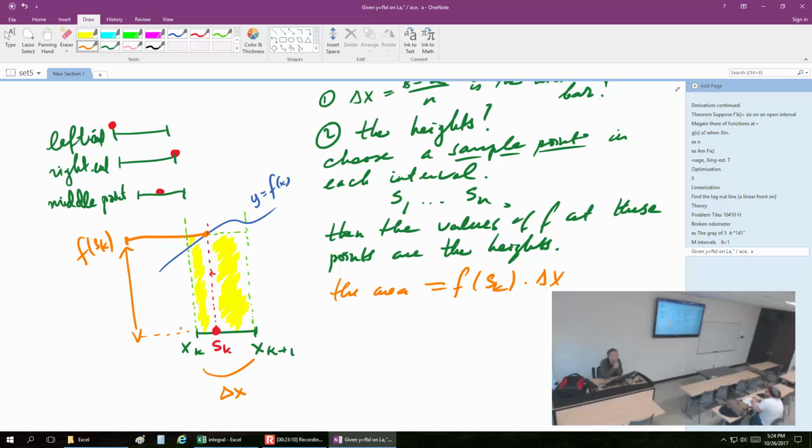We just end up with negative areas. It may take time to get used to, but negative areas make perfect sense. Think about the metaphor of motion. Our function is in fact our velocity. Velocity could be negative if we're moving in the opposite direction. We've chosen the positive direction. If we're moving in the opposite direction, then our velocity is negative, and then our displacement, which is what this area represents, is also negative. So it could be positive, negative, and they possibly cancel each other.